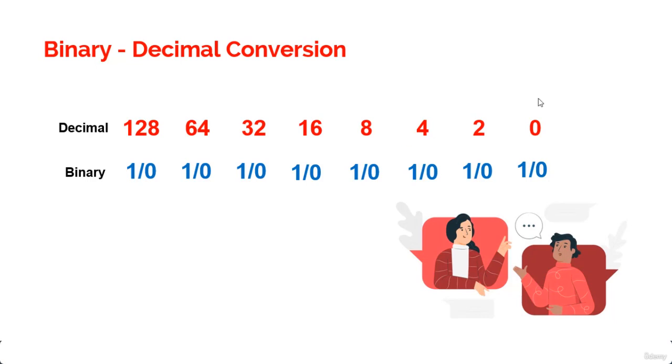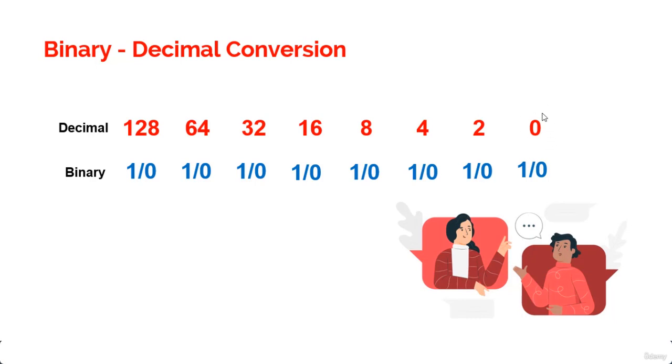These are 8 bits. If you are sharp enough, you will see all these numbers are something to the power of 2. For example, this is 2 to the power of 0. This is 2 to the power of 1.